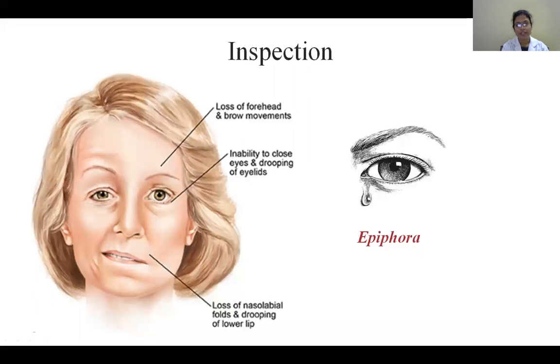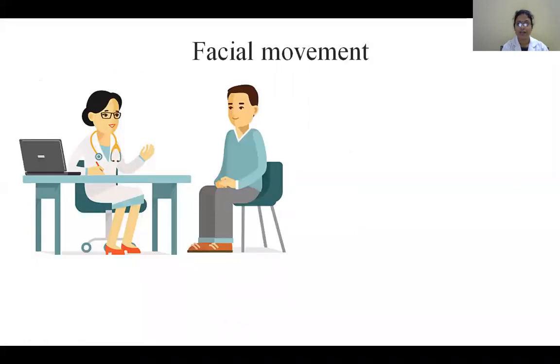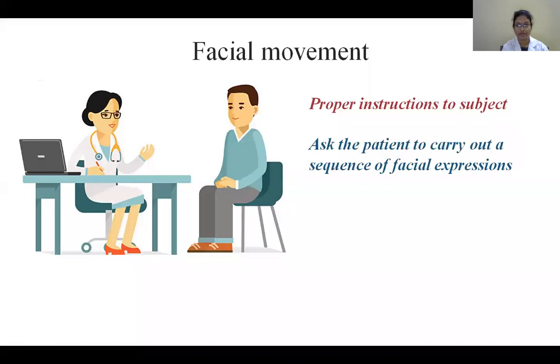After this observation, now let us start how to assess facial movements. First and foremost, the important thing is to give proper instructions to the subject so as to elicit an appropriate response from the subject. Giving a set of instructions is very important. Now, we have to ask the subject to carry out a sequence of facial expressions.